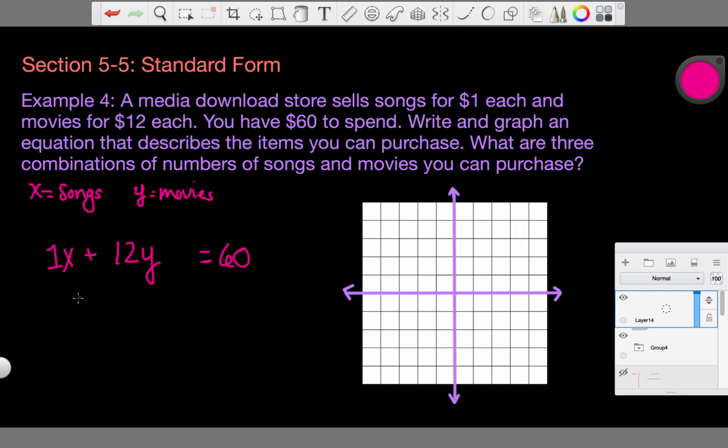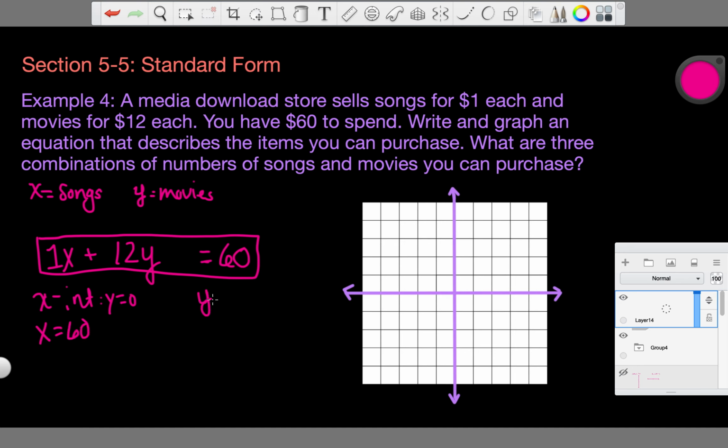Now, in order to graph this, I want to do it by intercepts, okay? So let's first do the x-intercept, which is when y is 0. Let me circle this so we don't lose it. Y being 0 means that x would equal positive 60. Now our y-intercept is when x equals 0.